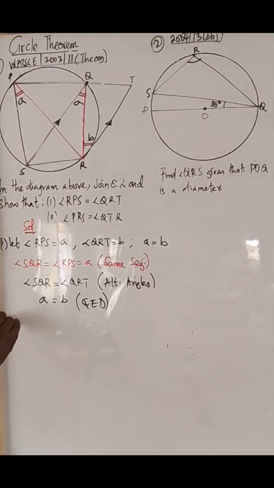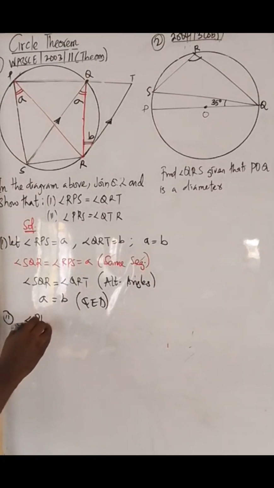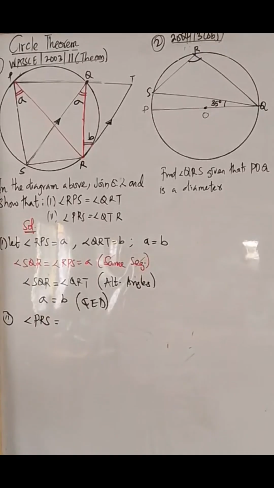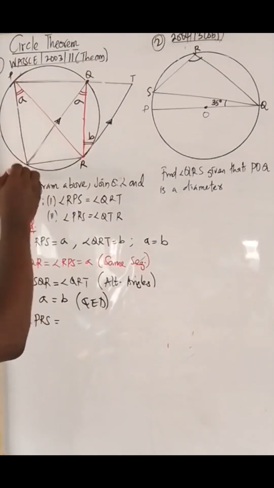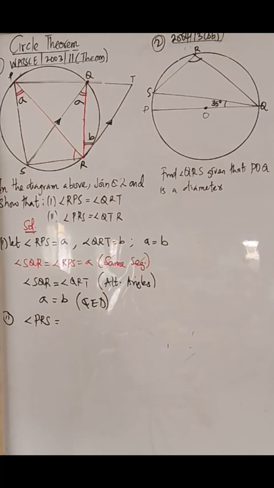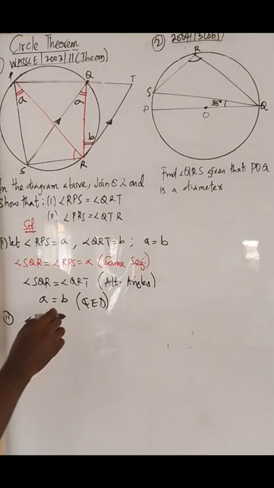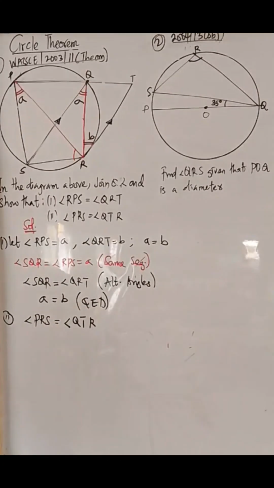Now for the second part, we have to show that PRS, this angle here, equals angle QTR. Where is QTR?